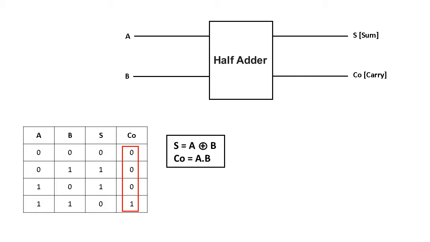So the result is A into B. In the first row, 0 into 0, 0. In the second row, 0 into 1, 0. In the third row, 1 into 0, 0. In the last row, 1 into 1, and that is 1.